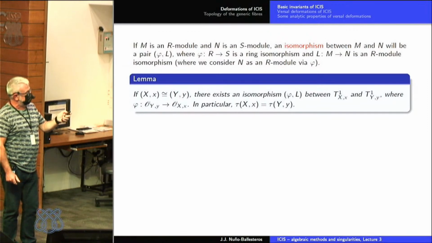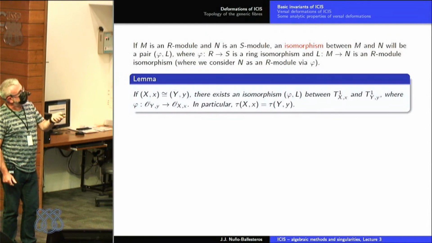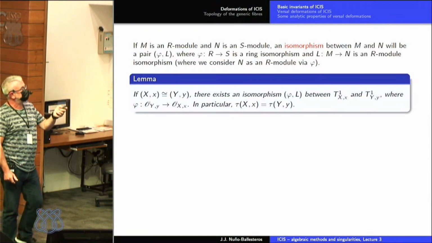Then it follows, this lemma is important, that if two ICIS are isomorphic, then there exists an isomorphism between the T1 modules, the T1 module of X and the T1 module of Y, where this is an isomorphism in the above sense.